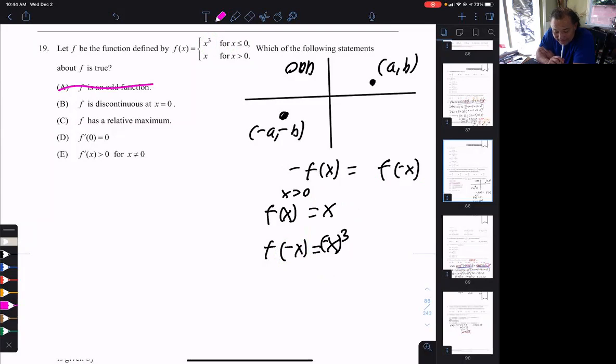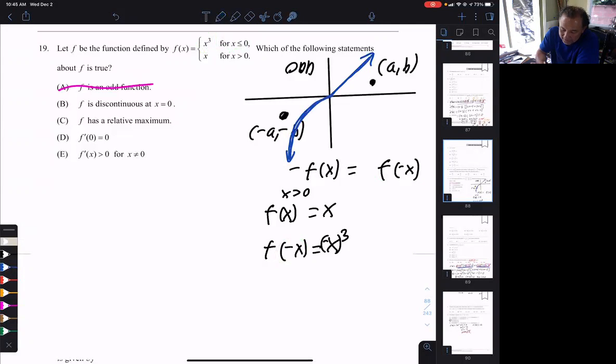Okay, is it discontinuous? Well, what does this function look like? I'm smart enough to figure that out. y equals x, that's a straight line, like that. x cubed to the left, I know what x cubed looks like. x cubed looks like this. There is my function.